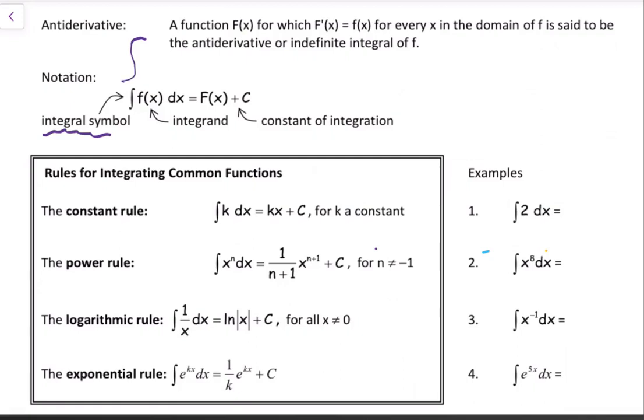Looks like kind of an S that didn't make it all the way through. So there's my integral symbol. And then what I put behind that integral, what I am going to take the integral of, is called the integrand.